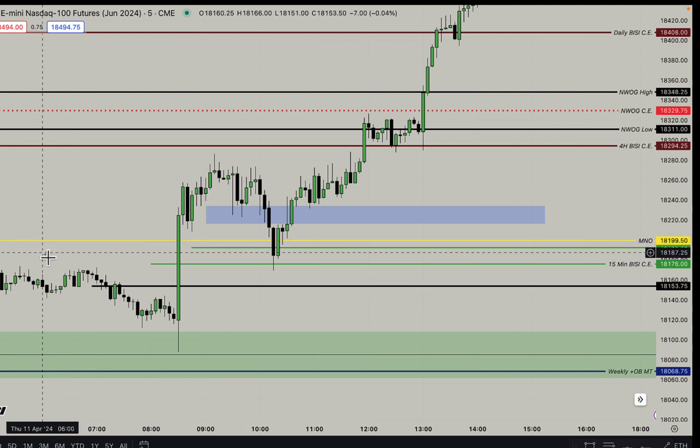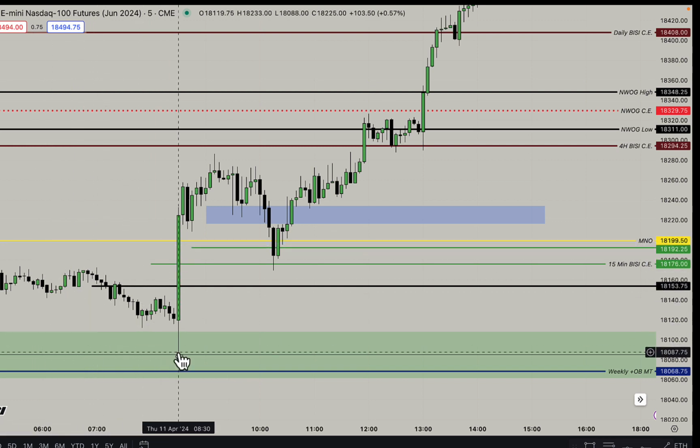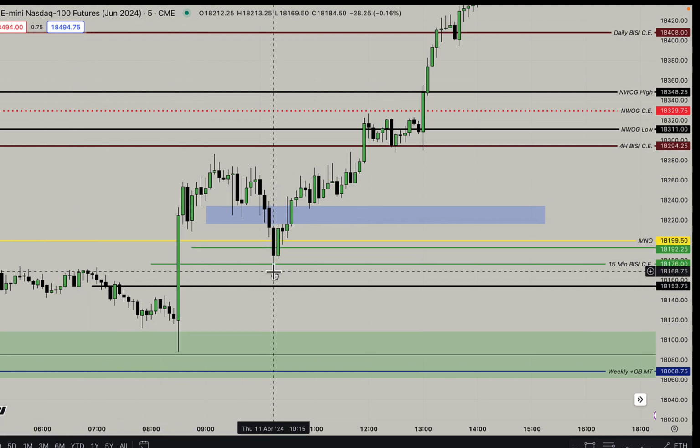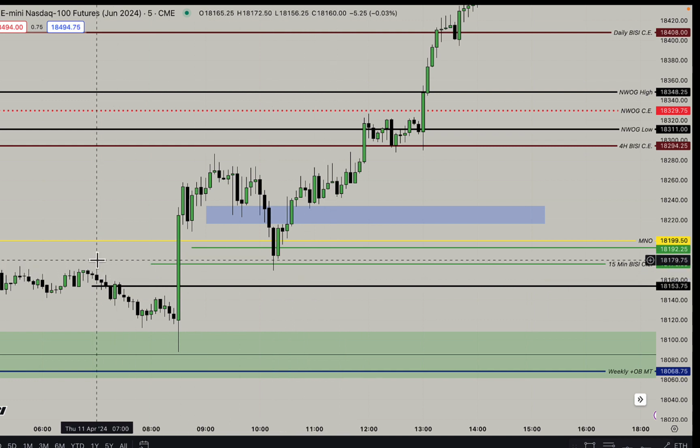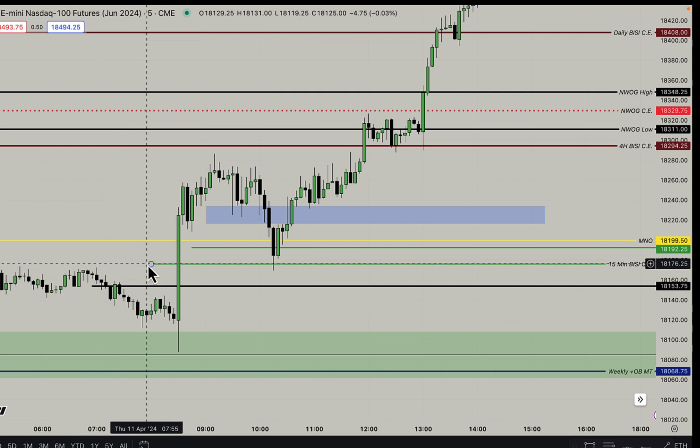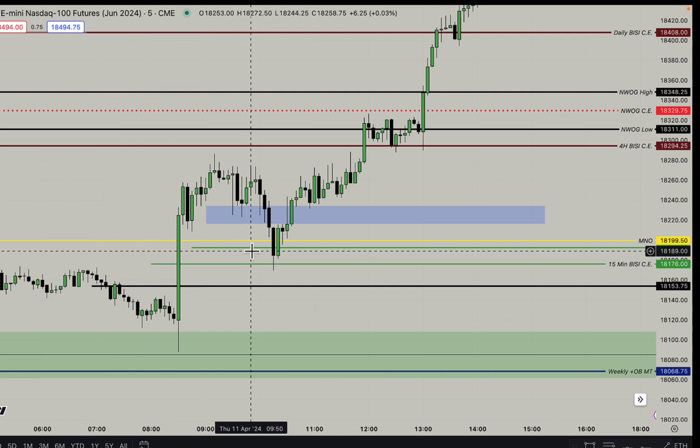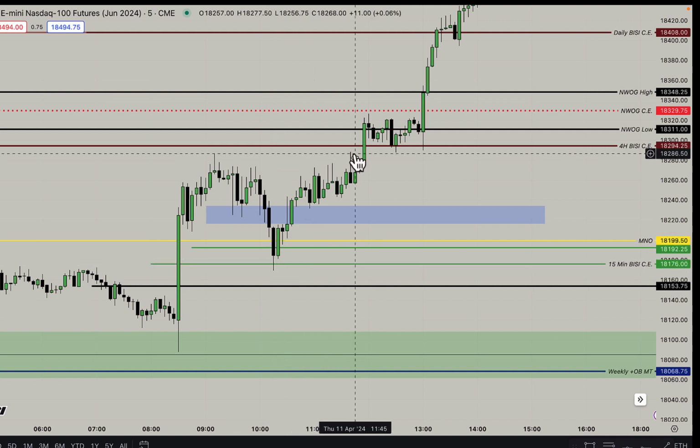We have midnight open, trade below here, rally, we come right back under midnight open into the consequent encroachment or midpoint of that 15-minute fair value gap. Below midnight open, rally. Easy. Alright guys.